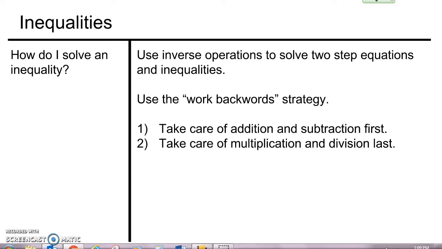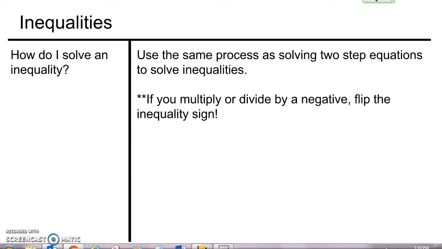All right. So we use the same process with solving inequalities that we do for solving equations. We take care of addition and subtraction first, and multiplication and division last. But you should remember, and you may want to jot this down just to refresh your memory since it's been probably a few months since we've talked about this: if you multiply or divide by a negative, you have to flip the inequality sign. What does flip the inequality sign mean?